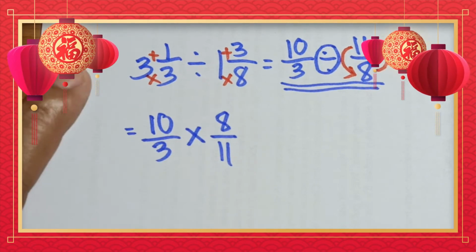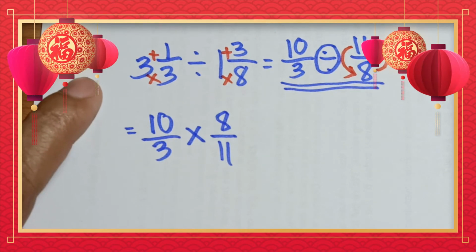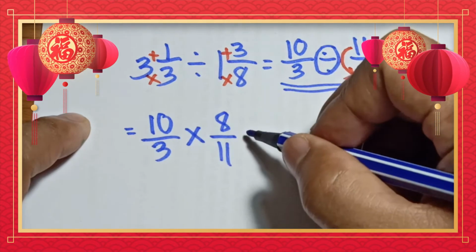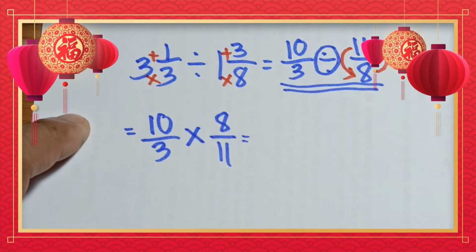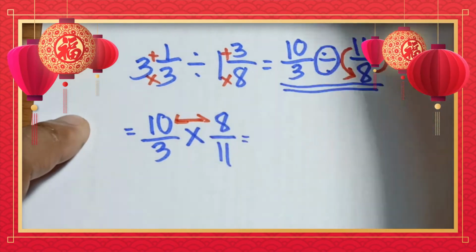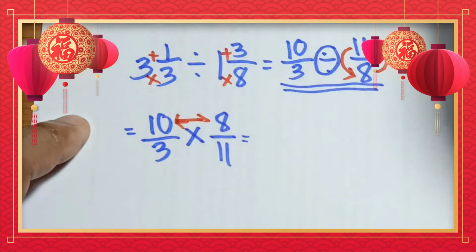As you can see in this example, we cannot reduce it into lowest term, because there is no number that we can divide these fractions to make it smaller. So what are we going to do? All we have to do is directly multiply.